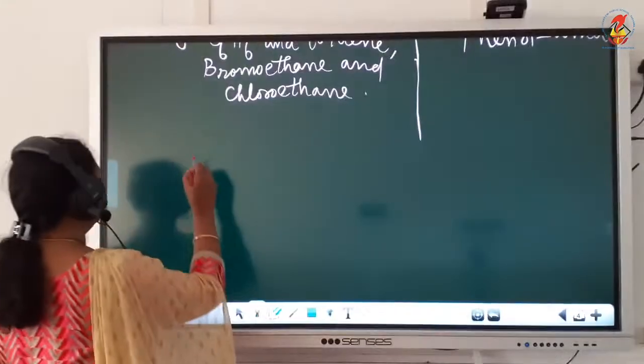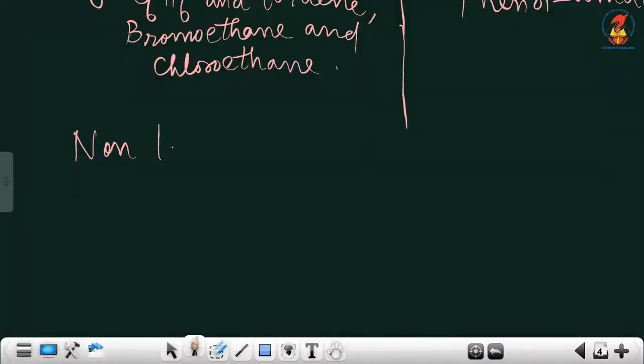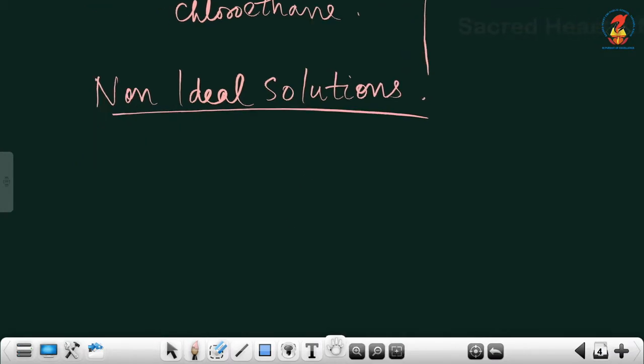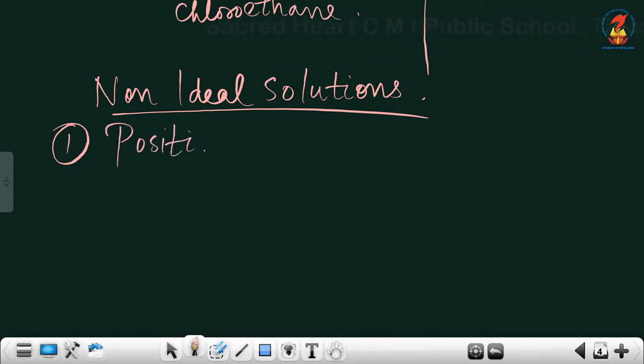So next we are going to discuss non-ideal solutions. The first one is non-ideal solution showing positive deviation from Raoult's law.